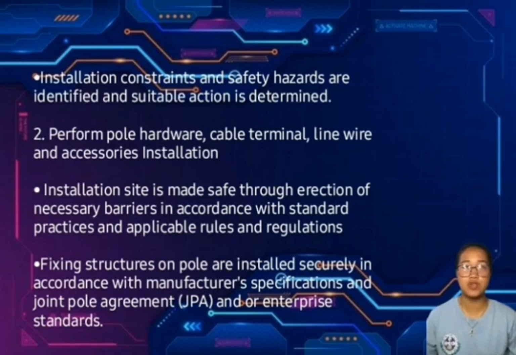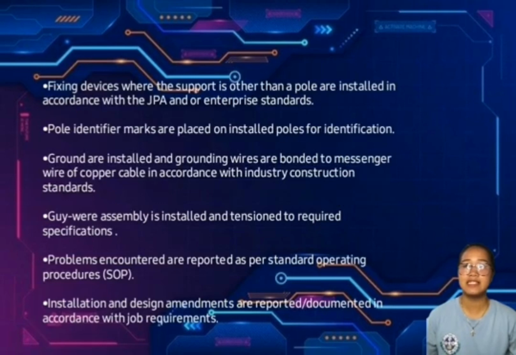Fixing structures on pole are installed securely in accordance with manufacturer's specifications and joint pole agreement and or enterprise standards, or GPA. Fixing devices where the support is other than a pole are installed in accordance with the GPA and or enterprise standards. Pole identifier marks are placed on installed poles for identification.